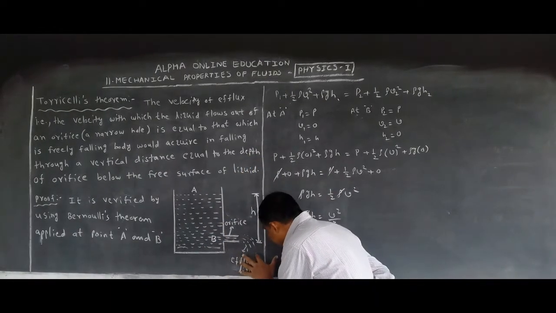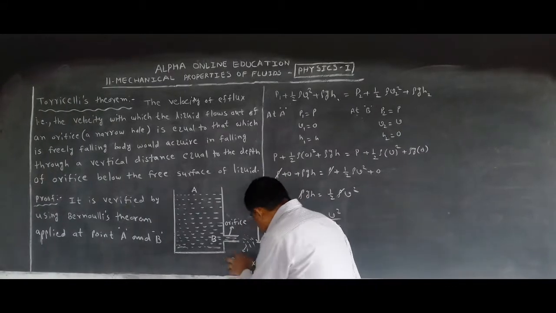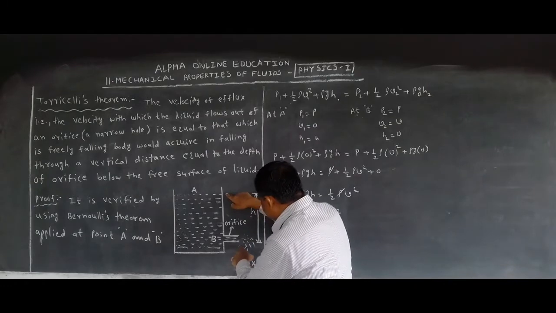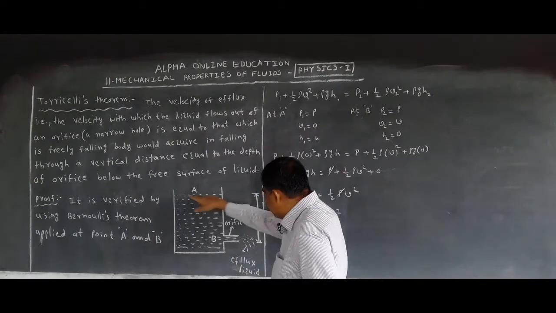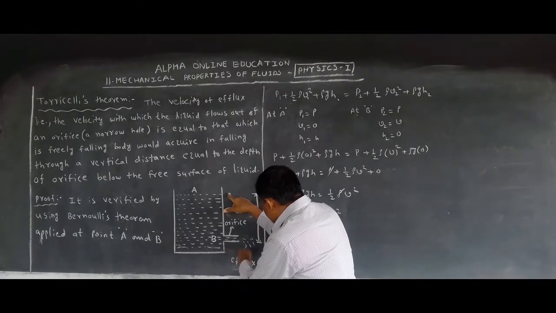Now from the orifice the efflux liquid is ejected, and the liquid level is up to here. When the liquid comes out, it has some velocity.